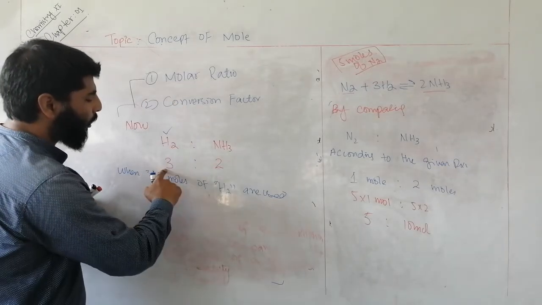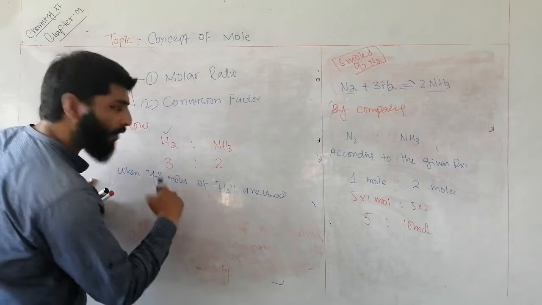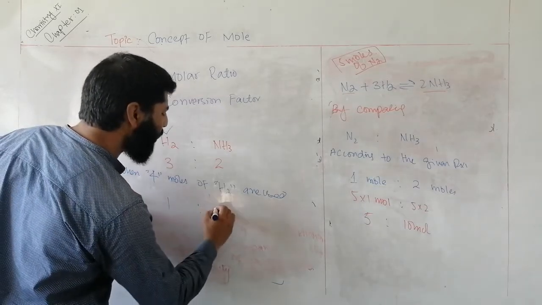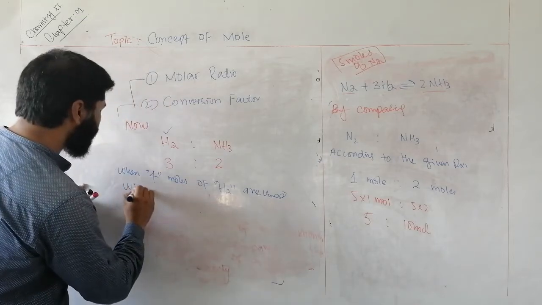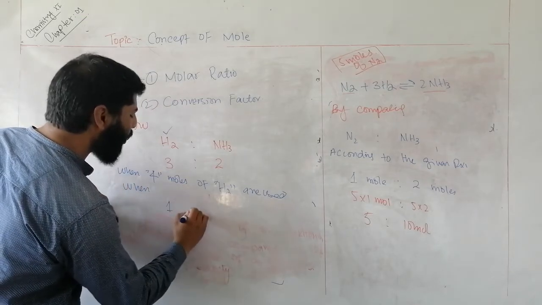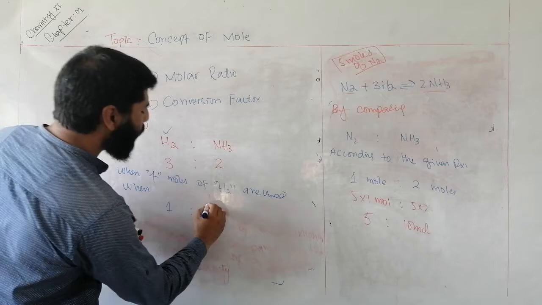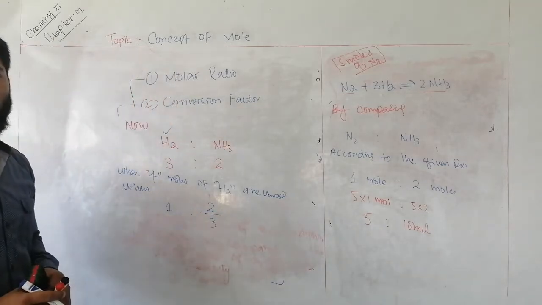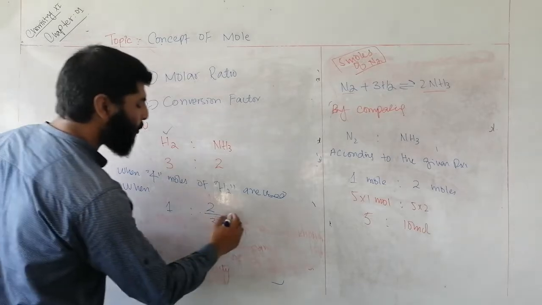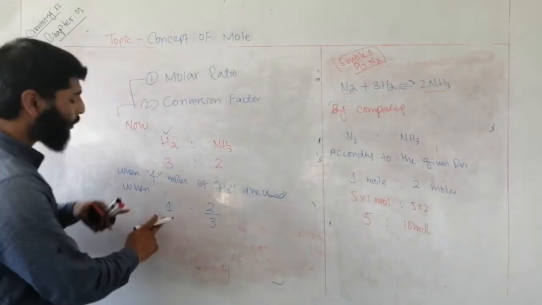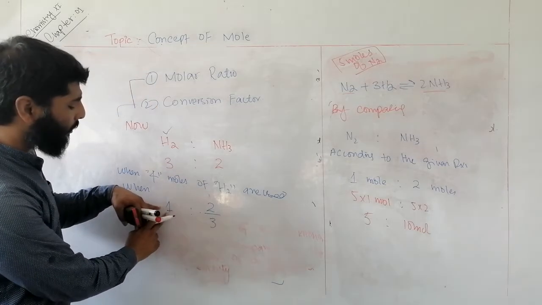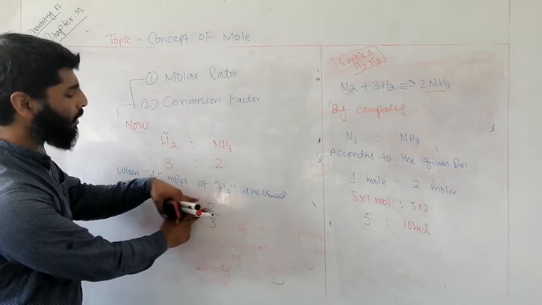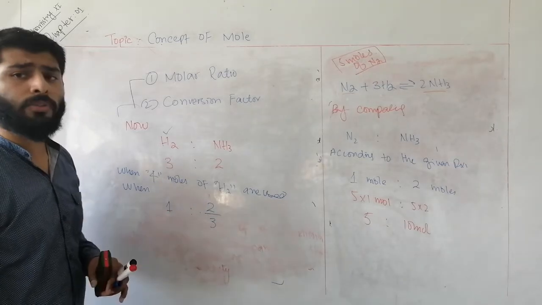So when 1 mole of hydrogen is used, there will be 2/3, and 2/3 means 0.66. So now you can calculate that when 1 mole of hydrogen is used, then 2 by 3 moles of ammonia are produced.